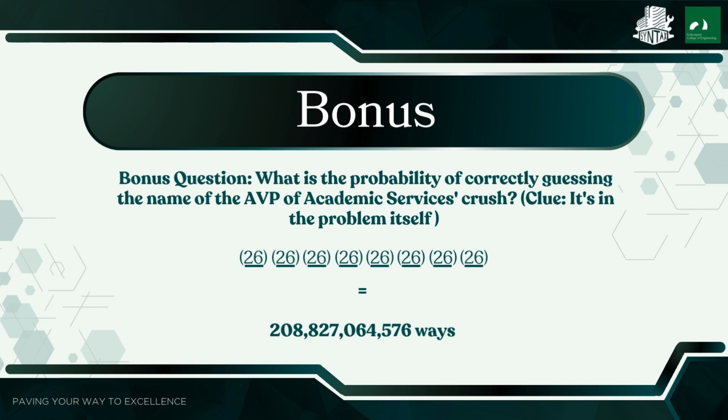Therefore, we can just say it as 26 times 26 times 26 and so on until the 8th position. Or you can also say it as 26 raised to 8, which is just equal to this number. So it's pretty large. It's around 208,827,064,576 ways to properly get all the possible 8-letter names.